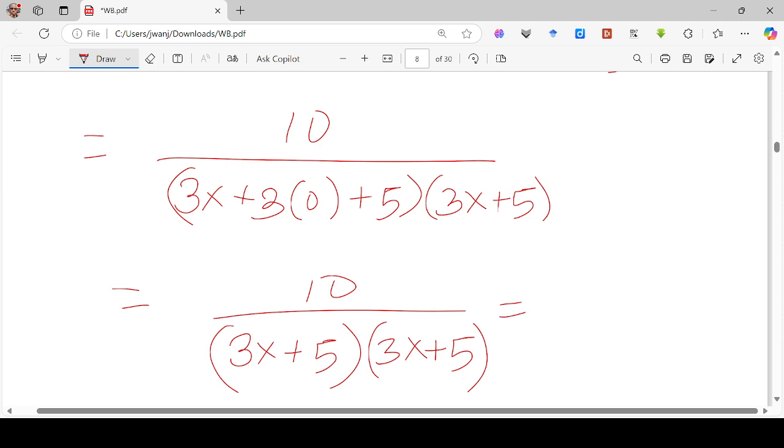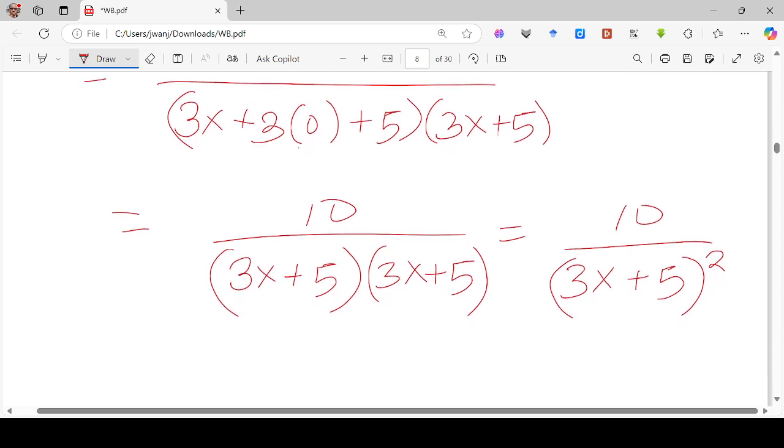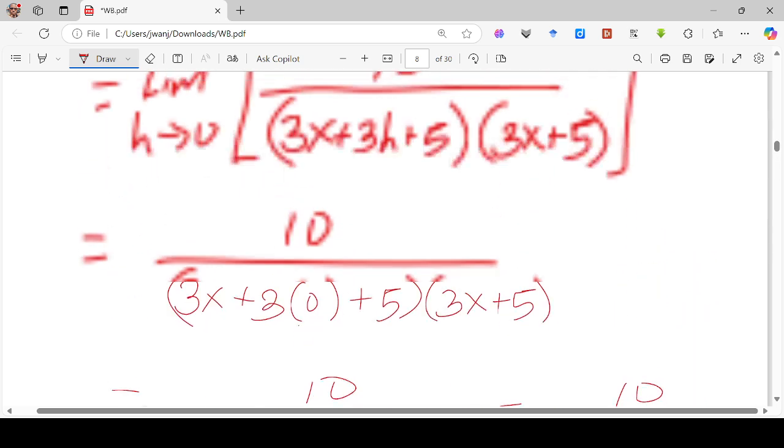So we get 10 divided by 3x plus 5 raised to the power of 2, which is the derivative of that function. This is the derivative of that function.